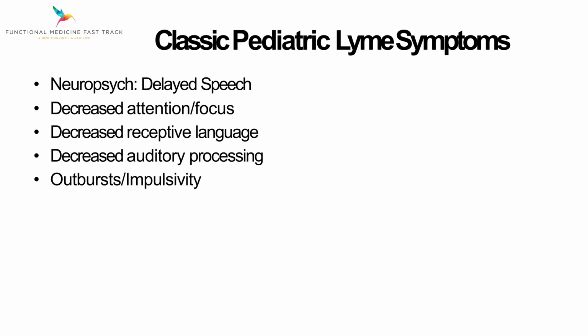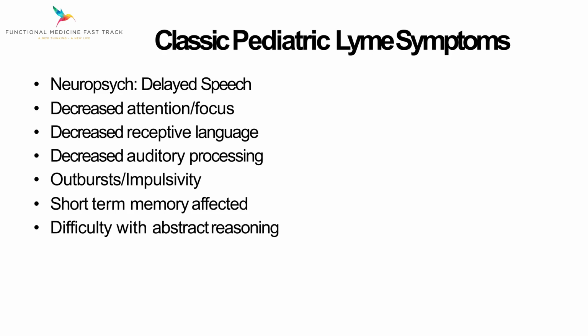So speech has been going fine, and then all of a sudden there is a hiccup, or attention and focus was great, and then all of a sudden there's something that has been away from the normal upscale or exponential growth in the child's normal development. So think about all of those from a timeline perspective.